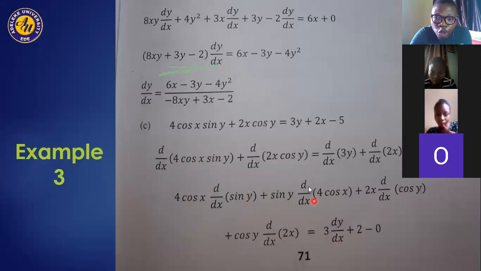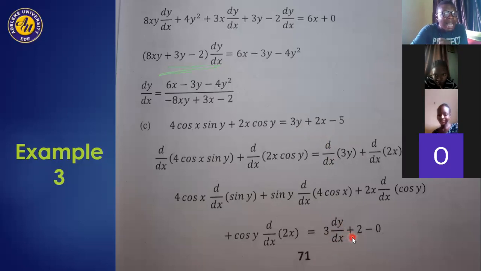Now we cannot just continue. You differentiate this 3y, then you differentiate this. If you differentiate y, it will give you 3 dy/dx, from what I just taught you. Anita, what happened? If you are differentiating 2x, the answer will be 2.